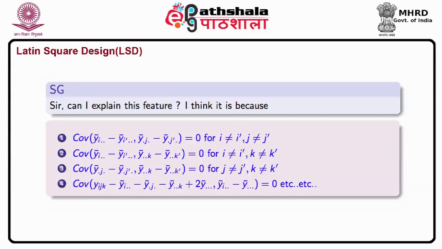And difference of block effects, again row effects, is obtained by difference of the corresponding row effect means. Similarly for the columns. And if we look at the structure of correlation among them, we find that all pairwise differences are mutually orthogonal in the sense that all covariances are 0. Yes. That is what is happening.